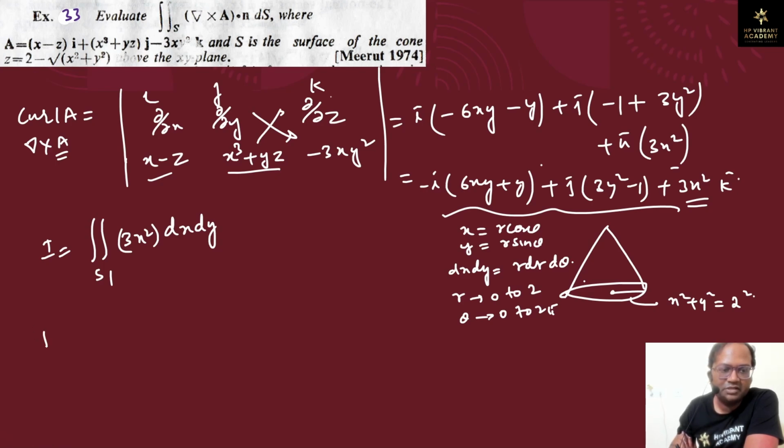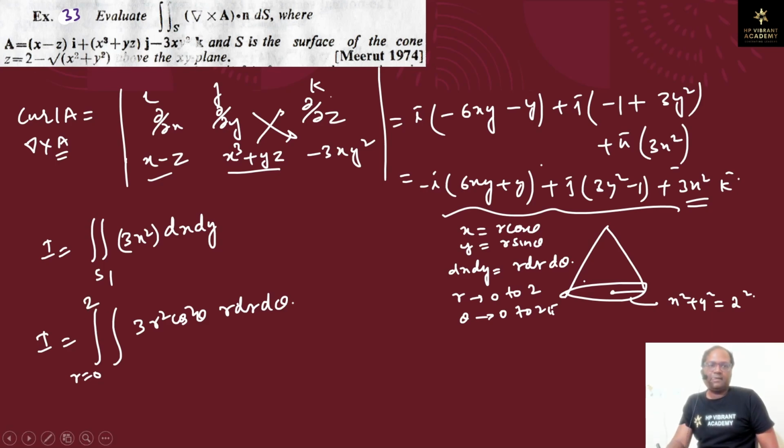So the value of I is the surface integral of 3 times x square, which is r square cos square theta, into dx dy, which is r dr d theta. So r varies from 0 to 2 and theta varies from 0 to 2 pi.